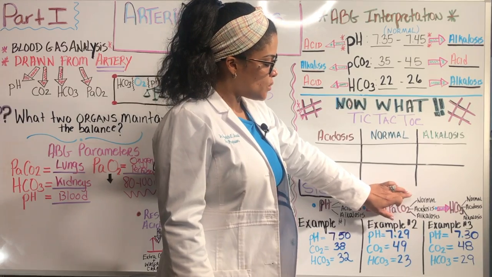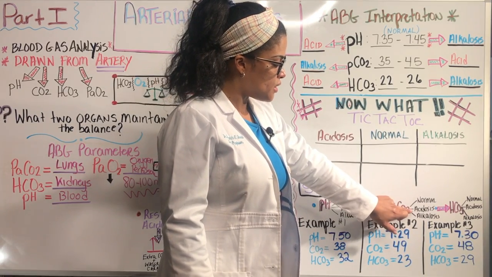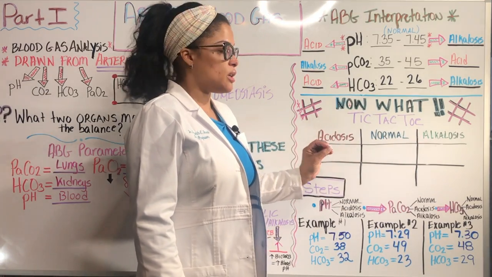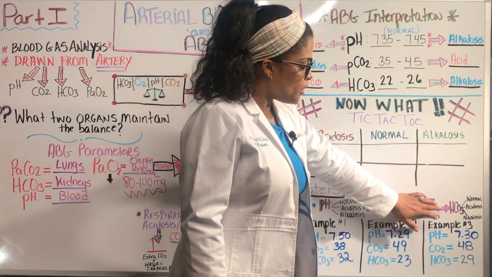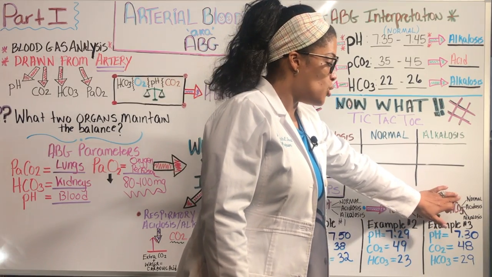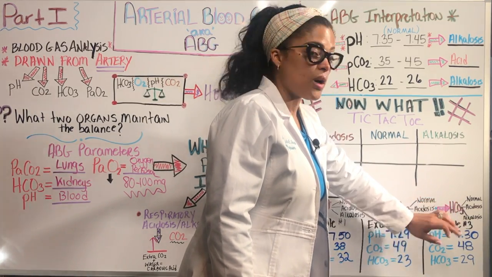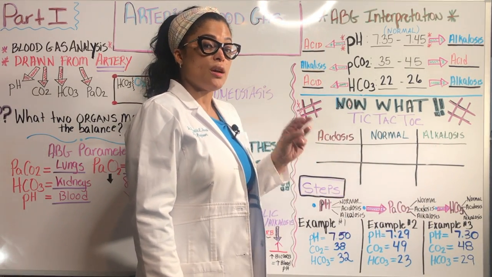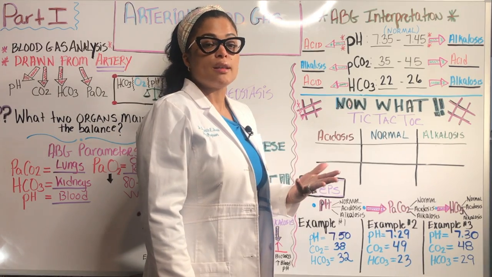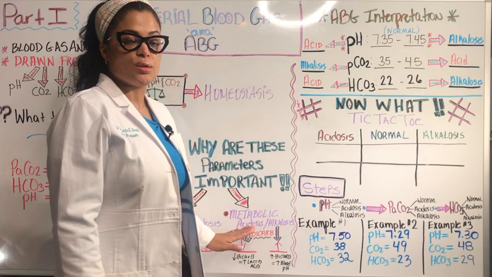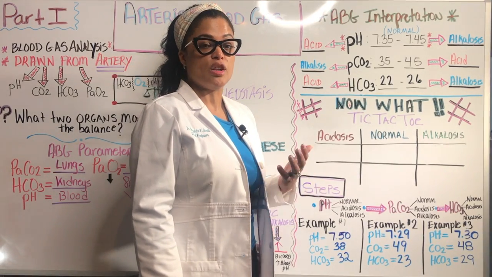Is it normal, acidotic, or alkaline? Then you plug it into its particular column. Then you look at the bicarb, HCO3. Is it normal, acidotic, or alkaline? And you plug that in too. And once you have 3 in a row, that will tell you whether it is respiratory or metabolic acidosis or alkalosis in your patient.